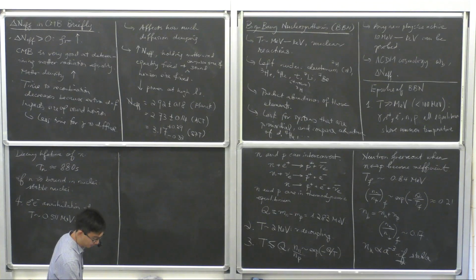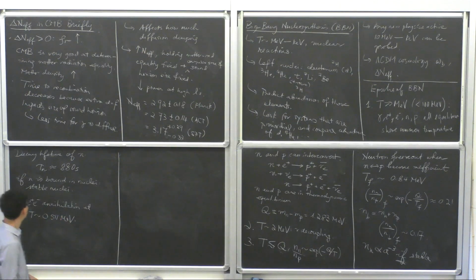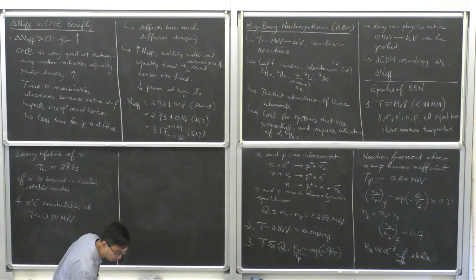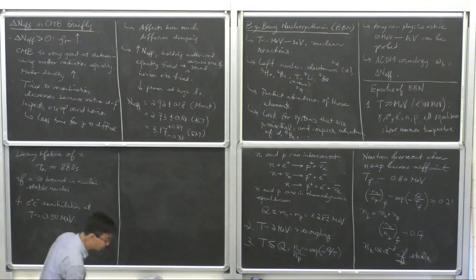Now let's figure out how much time neutrons floated around for. That's the next thing that I'm going to discuss, and that's going to take quite a bit of time to explain. I have 15 minutes, so I will maybe get through half of this.